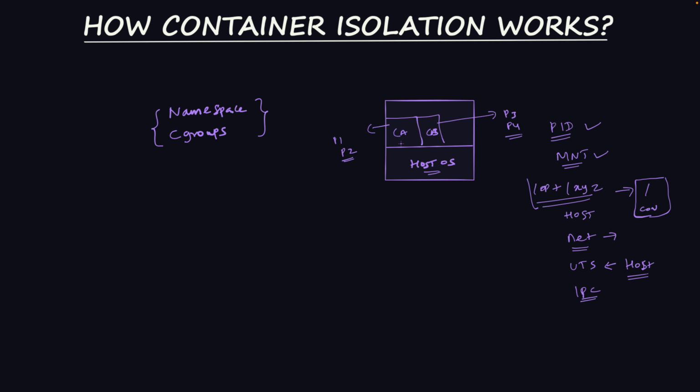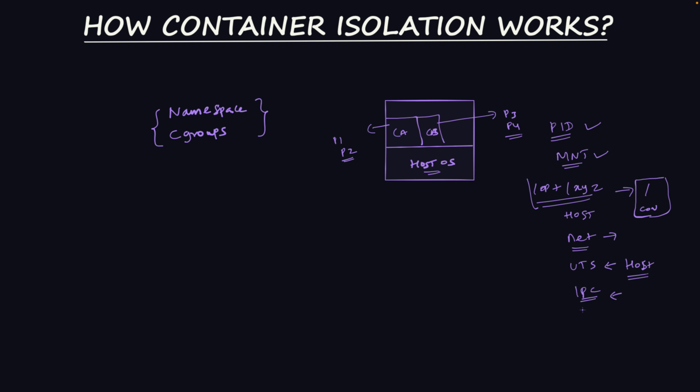A standard way to enable communication between processes within Linux is using shared memory and some other message passing systems. So we still want to enable inter-process communication among the processes running within a container, but we need to make sure it doesn't impact or affect processes running in other containers or in the host operating system. So that is the isolation we get from this IPC namespace.